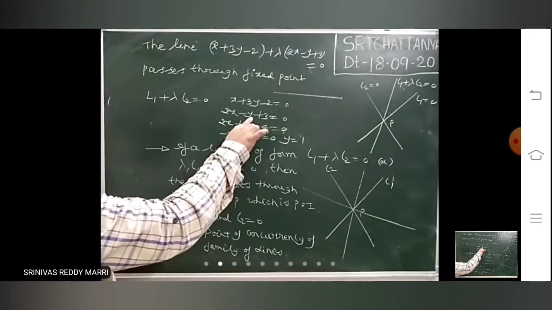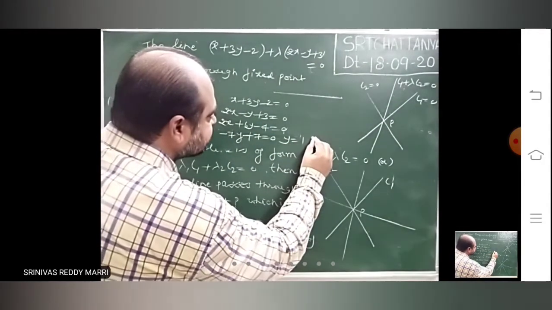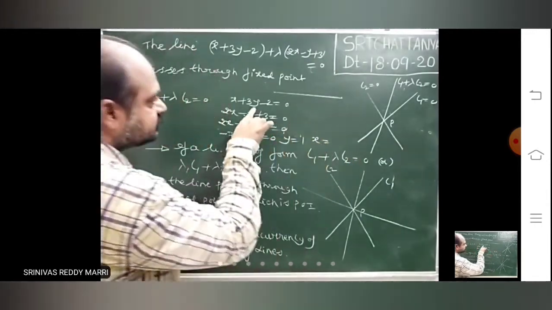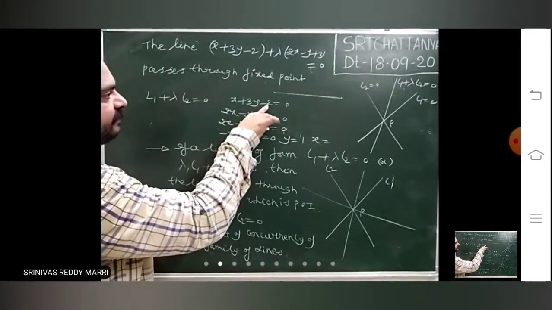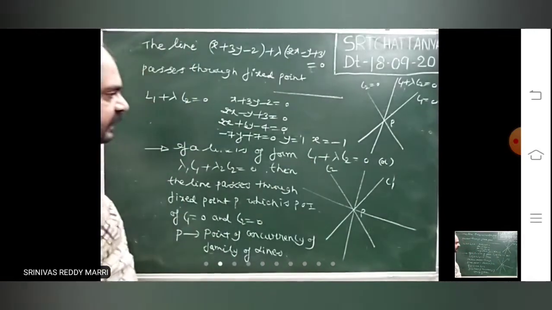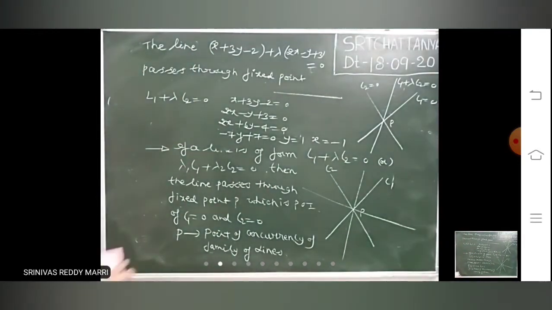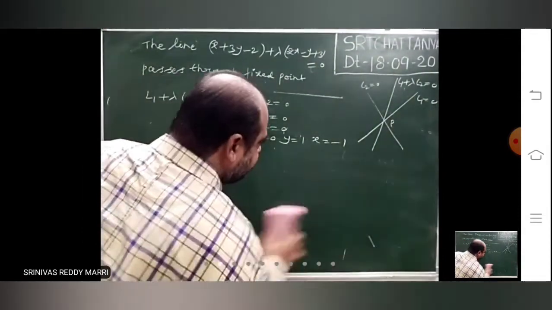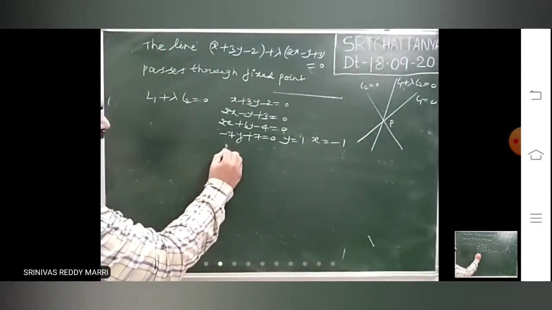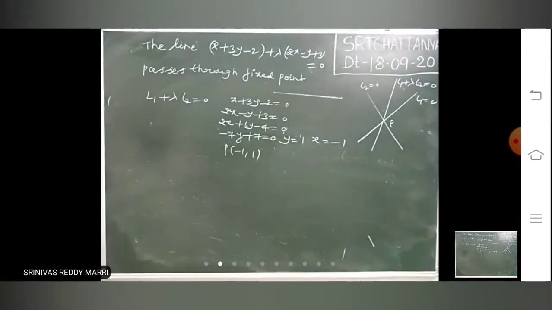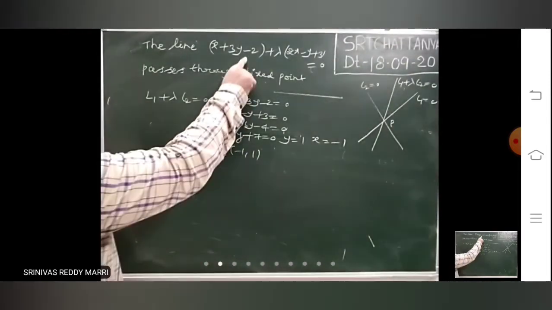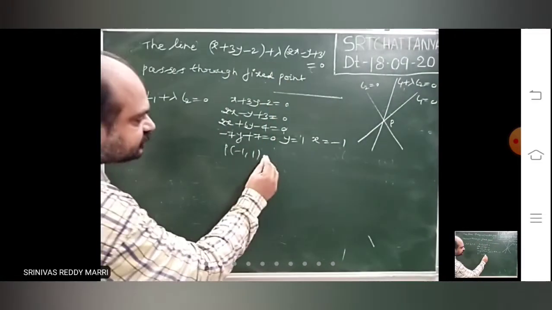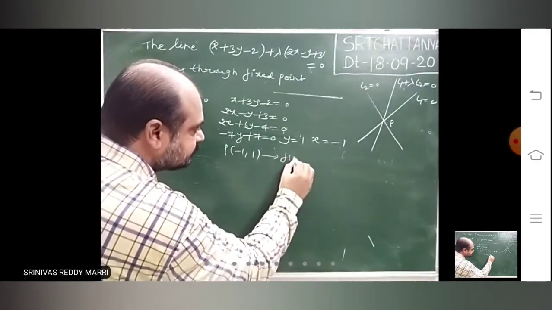If y equal to 1, x plus 3 minus 2 equal to 0, that means x is minus 1. Therefore the point of intersection P is minus 1 comma 1. That means all such lines pass through this fixed point.